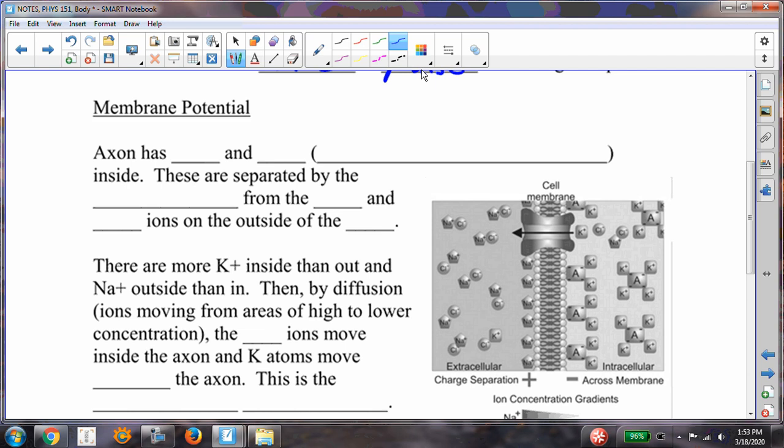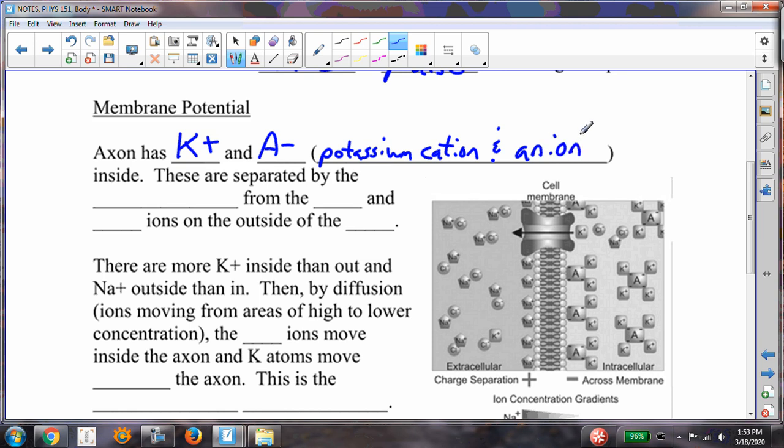Now, the membrane potential, this gets a little weedy, so bear with me. So the axon has potassium, K+, and then anions. I'm going to call that A-. So this is a potassium cation. Remember, cation is positive. And the A- is just a generic anion. It's made up of different molecules.